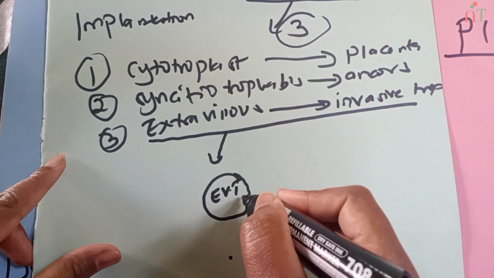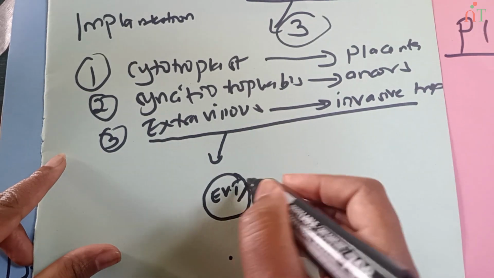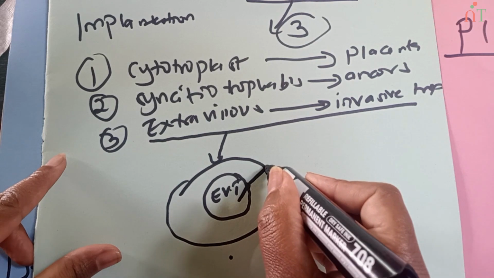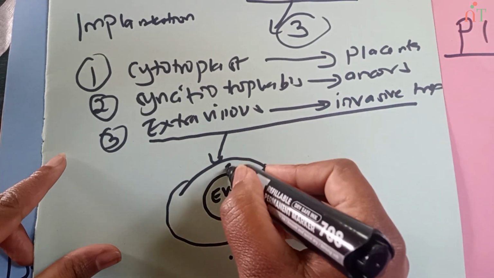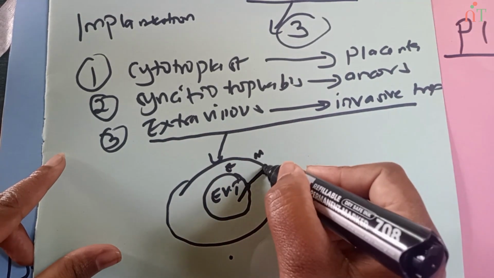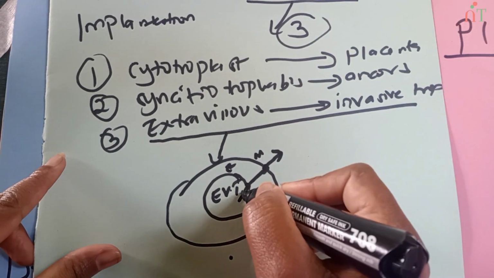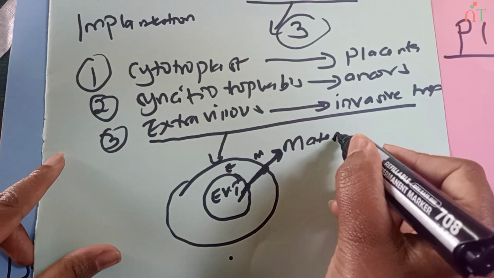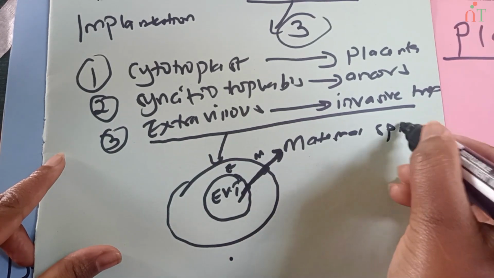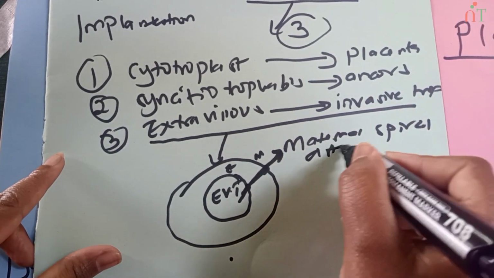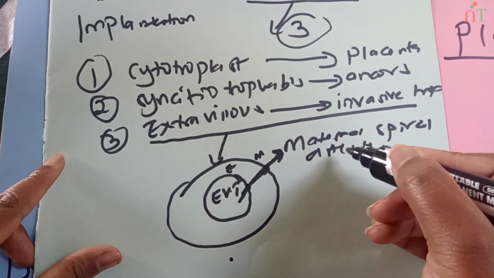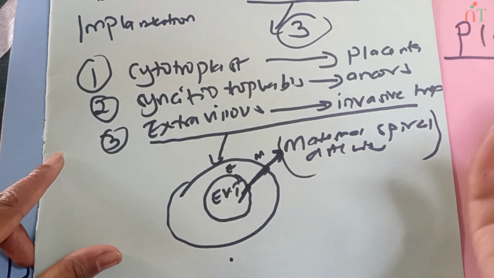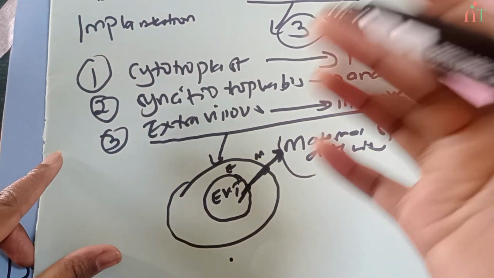They are going to penetrate through the endometrium, and then they should penetrate again through the myometrium, and then they are going to invade the maternal spiral arteries. They're supposed to invade these maternal spiral arteries and transform them into something else.